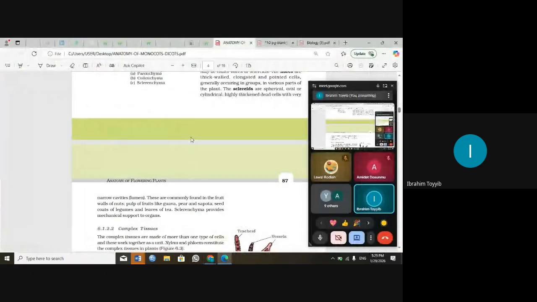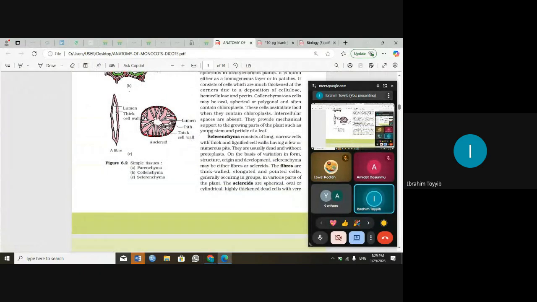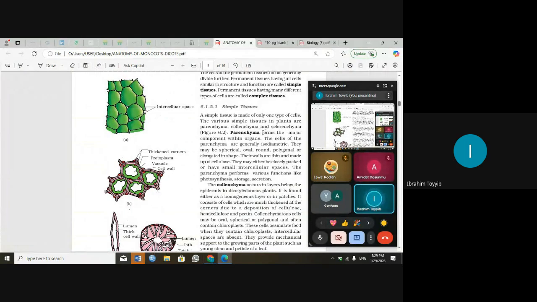So let's continue here. Can you see under simple tissue, which is parenchyma here? Parenchyma forms the major component within organs. Can you see the function of parenchyma cells? This is what you need.